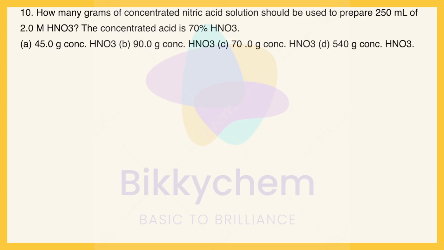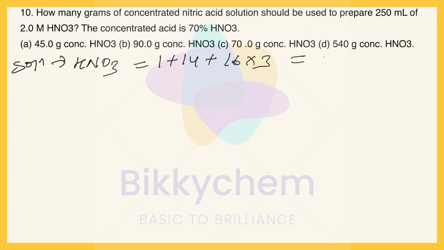Okay, dear student, let us see the next question. We need to find out the mass of HNO3 which is used to prepare 250 ml of 2.0 M HNO3. So first, the molar mass of HNO3 is 1 plus 14 plus 16 into 3, that is 63 gram per mole.